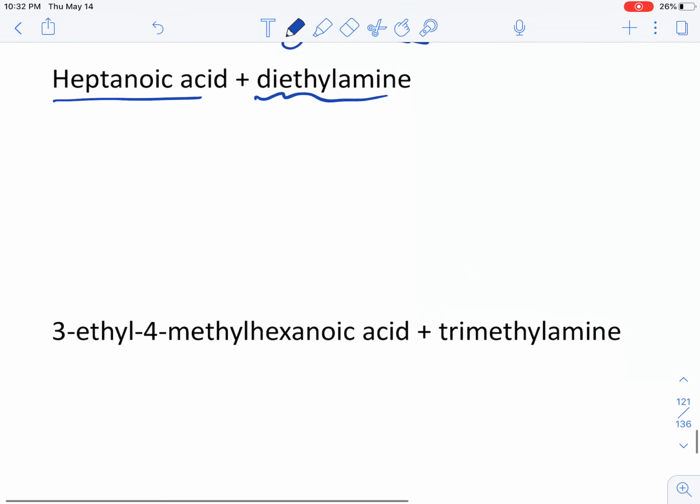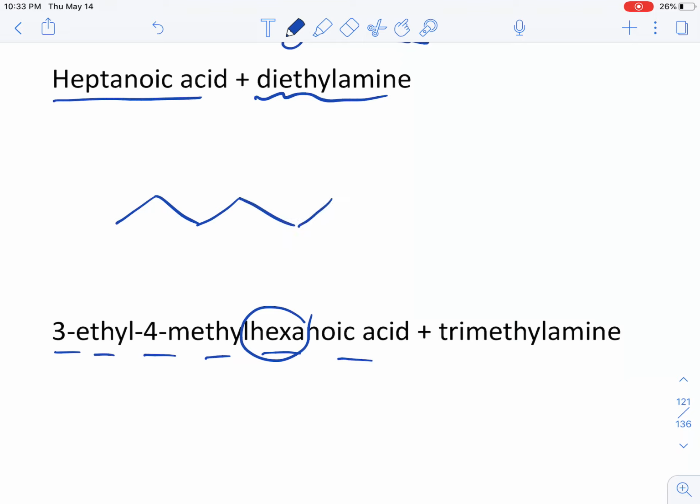Let's go ahead and look at this reaction. We have 3-ethyl-4-methyl hexanoic acid. Since I have hexanoic acid, I have a 6-carbon compound: 1, 2, 3, 4, 5, 6.